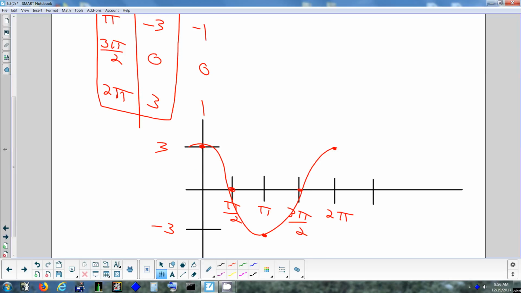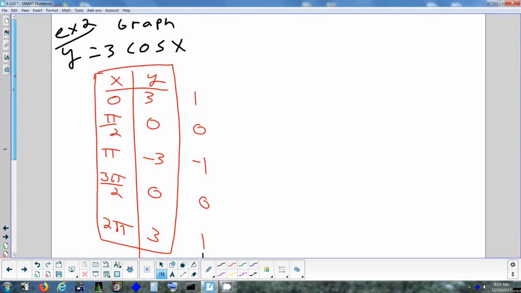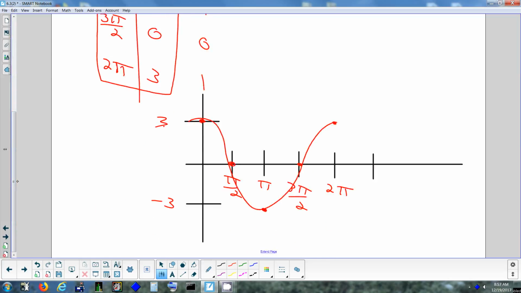So if I wanted to graph 7 cosine x, I would graph exactly the same picture and change the numbers. So all my pictures for cosine are going to look the same today. All of them for sine are going to look the same. But I'm going to change the scale. Any questions on that?